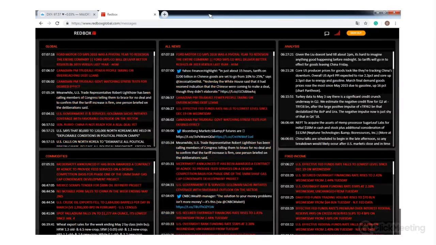Because by looking at those numbers, you can see how a given economy is doing, and by knowing how a given economy is doing, you can know if that currency is going to appreciate or depreciate, and only then can you have a bias.